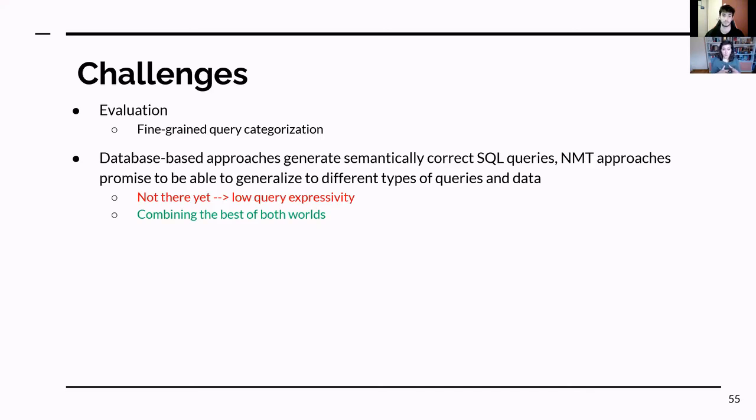Now, a second problem and also opportunity for research has to do with the observation that on one hand, we have database approaches like the earlier systems that we saw at the beginning of the tutorial that are able to generate semantically correct SQL queries. On the other hand, we have the neural machine translation approaches that promise to be able to generalize to different types of queries and data. However, they are not there yet.